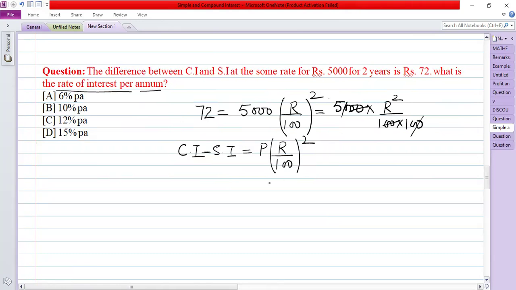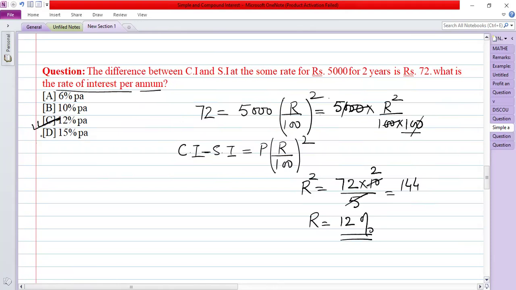So from here, we will get that R square is 72 into 10 divided by 5. And this is now 2 here, and this is 144. So what will be R? R will be obviously 12% per annum. Okay, so means option C will be correct here.